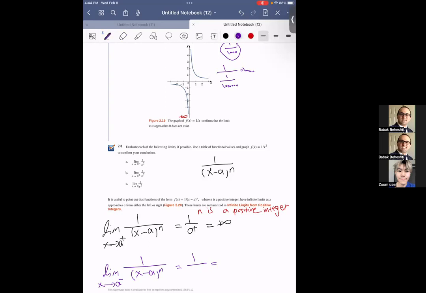So it's basically 1 over (0 minus) to the power n. n is a positive integer.